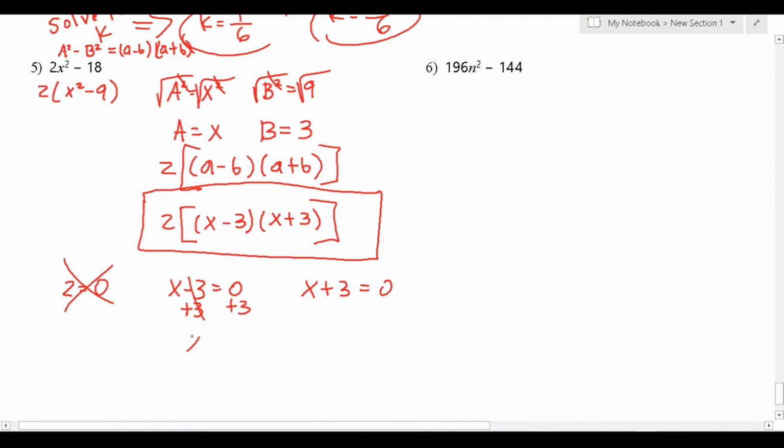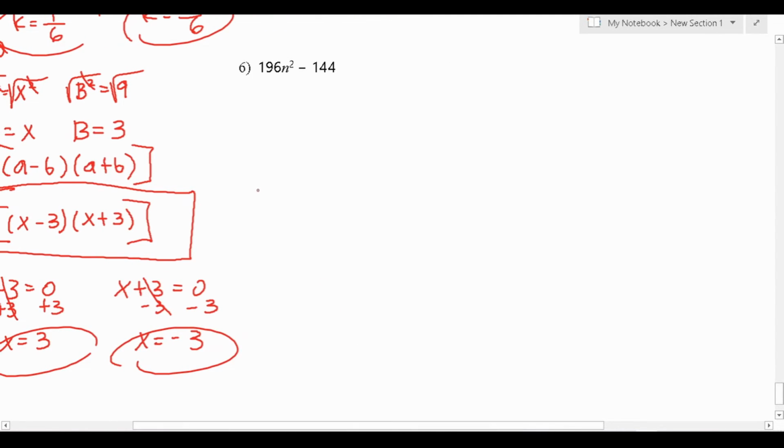This is going to cross out, leaving you with x equals 3. Subtract 3 from both sides to get x by itself in this one. This leaves you with x equals minus 3. So your two solutions for this one are x equals 3 and x equals negative 3. But that said, we had to factor out a 2 from this original equation so that we could factor by finding the difference of squares. Okay, so that's all we had to do for that one.